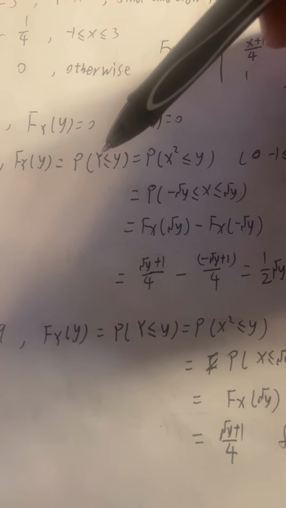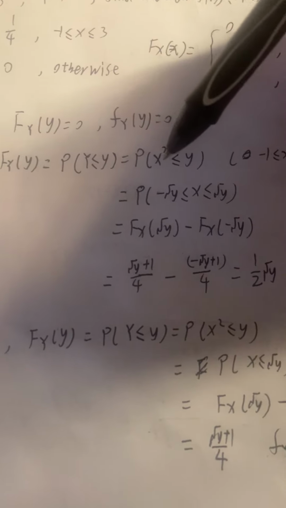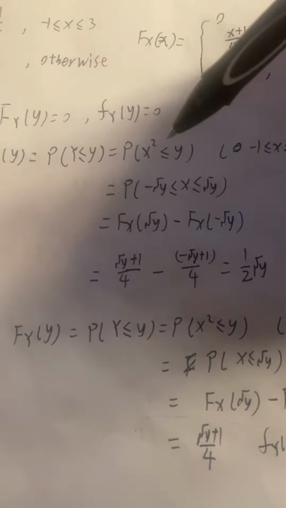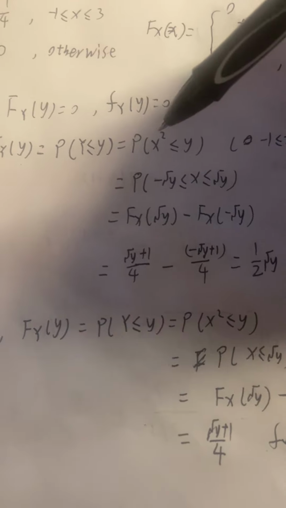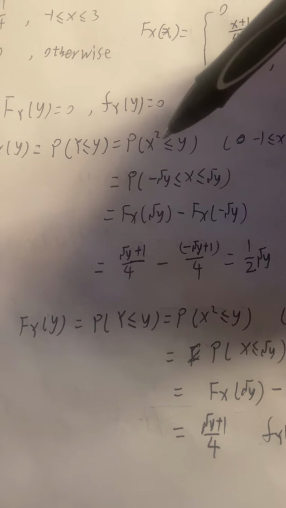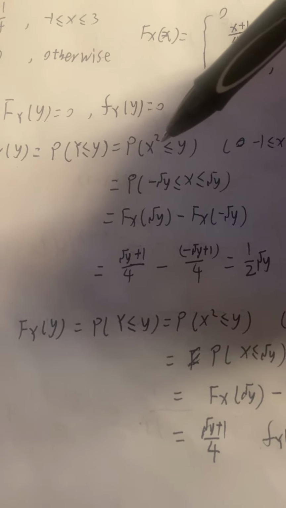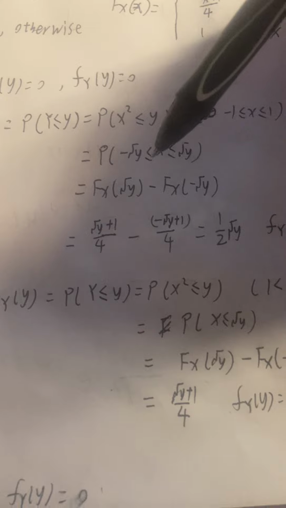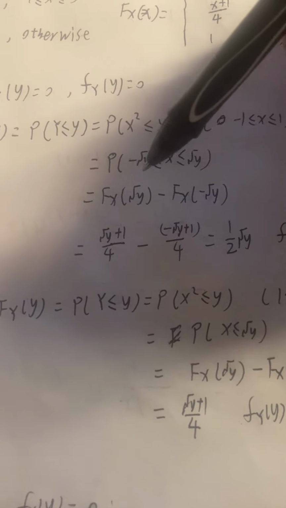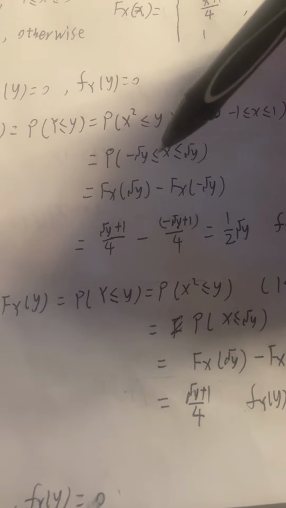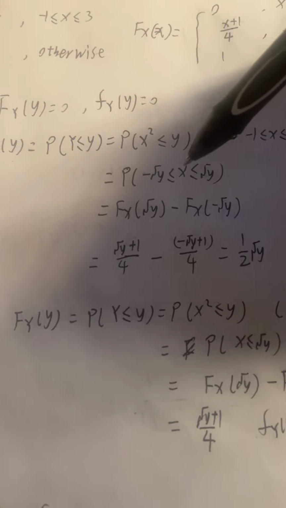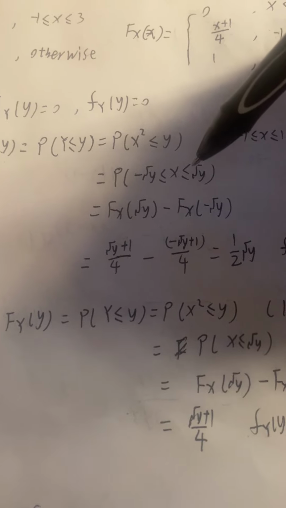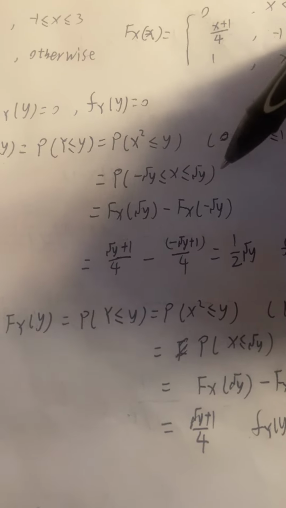We know Y is equal to X squared, so we take the square root on both sides. Then we have the probability that negative square root of y is less than or equal to X, which is less than or equal to the square root of y.